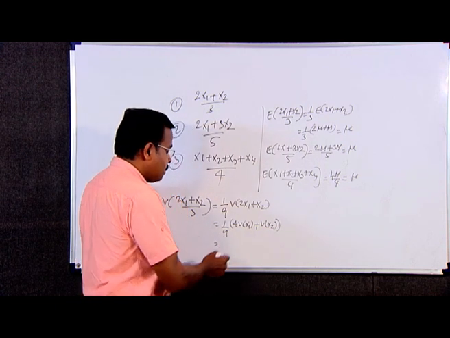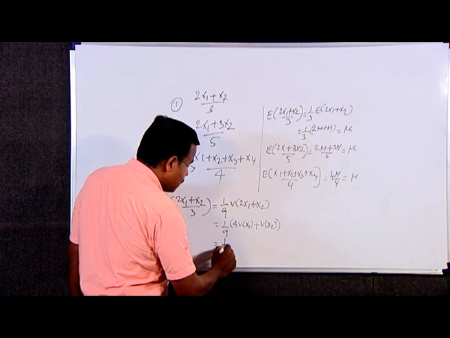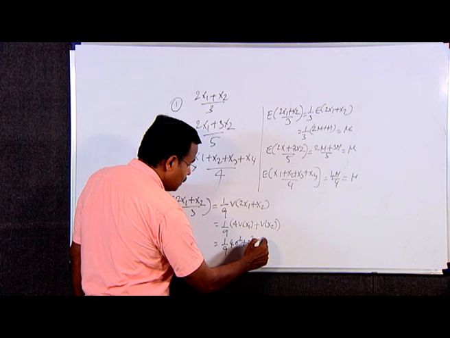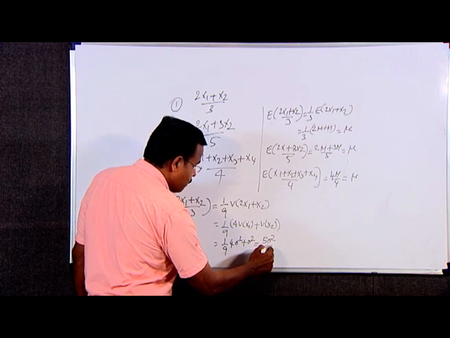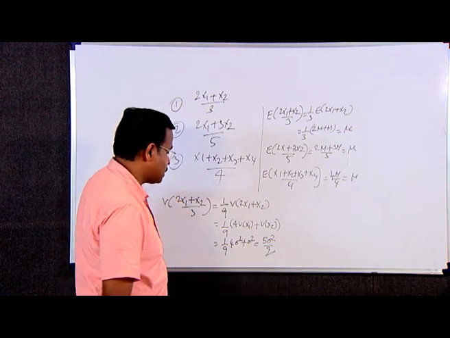We are assuming the population variance is sigma square. If so, this is 1 by 9 into 4 into sigma square plus sigma square, that is 5 sigma square divided by 9. That is the variance of the first unbiased estimator.